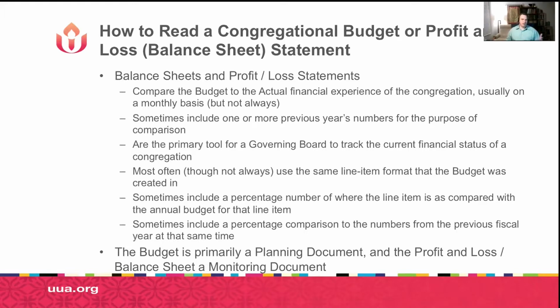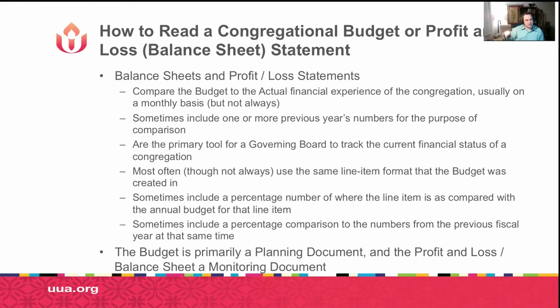They sometimes also include a previous year's actual numbers, so that if it's a June profit and loss statement, you might see the 2016 budget, the 2017 budget, the 2016 actuals and the 2017 actuals, and a percentage comparison.